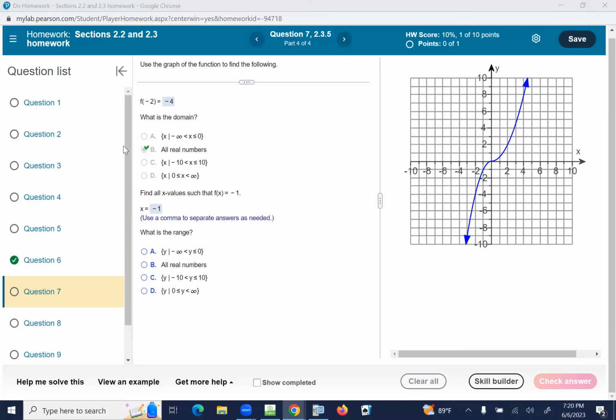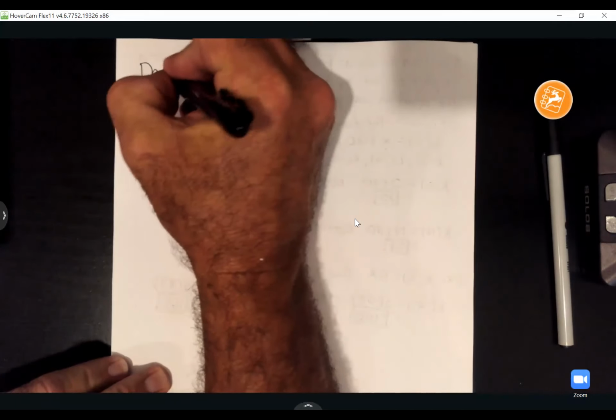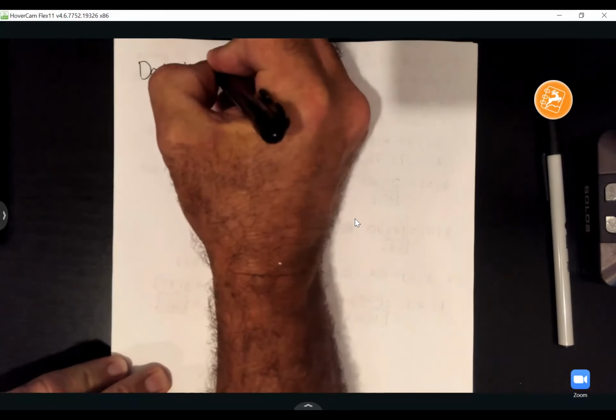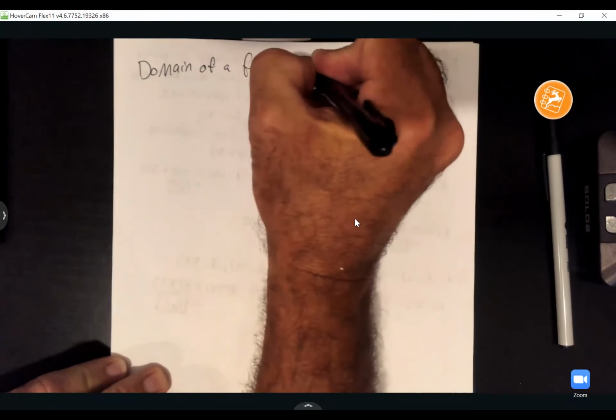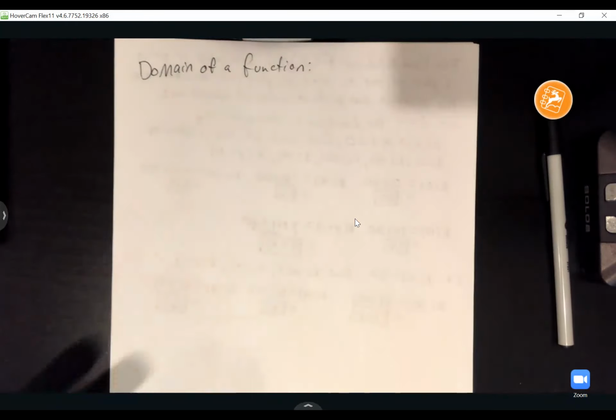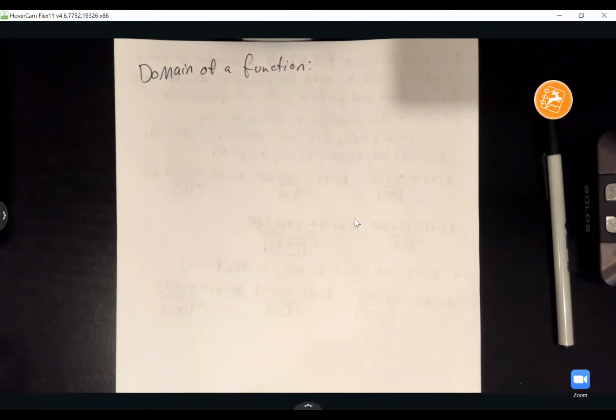So y'all, I'm going to go back to my pad, and we're going to finish out. There's only 3 more questions that deal with domain. So now we're going to look at the domain of a function. So remember, the domain is all x values that make this function true or result in a real number.